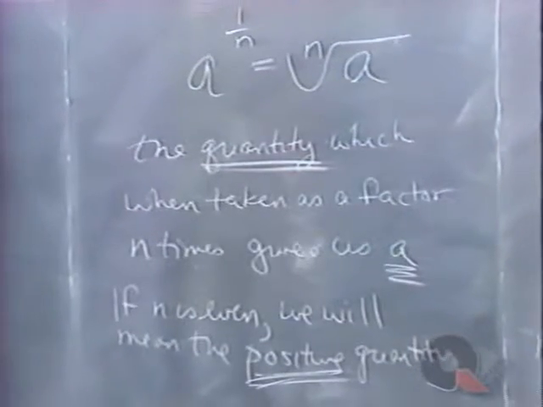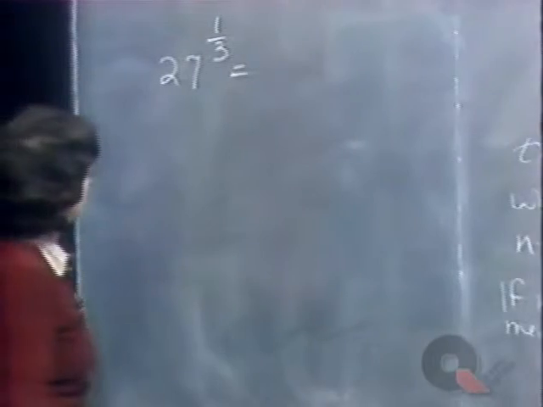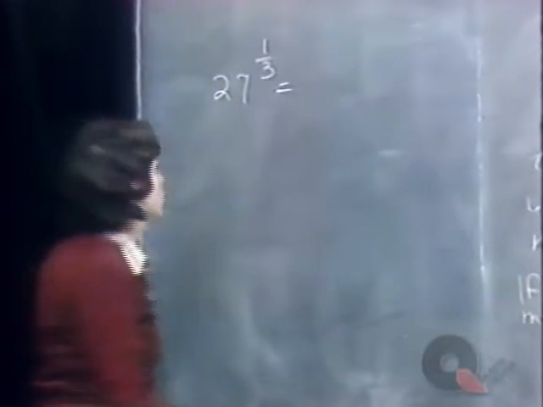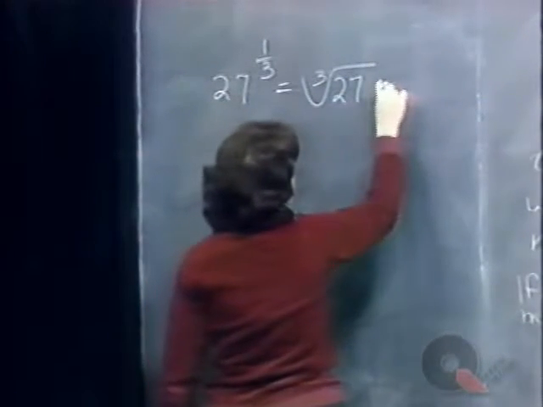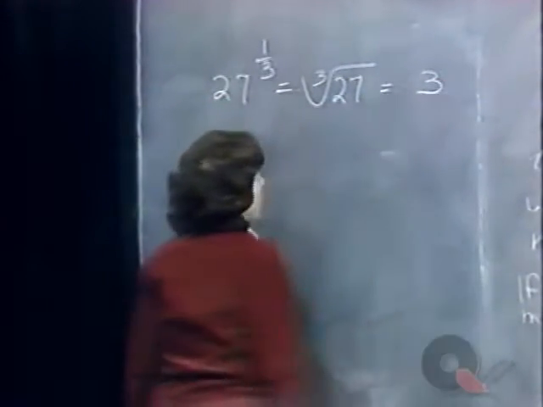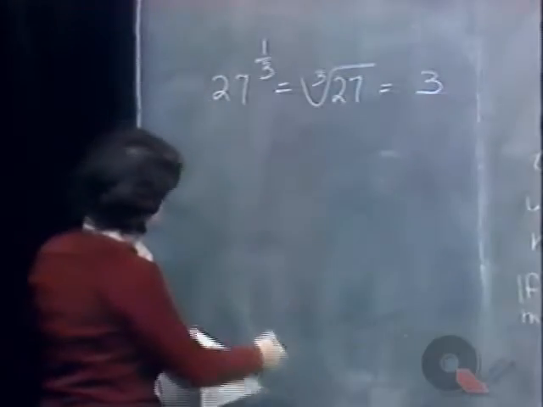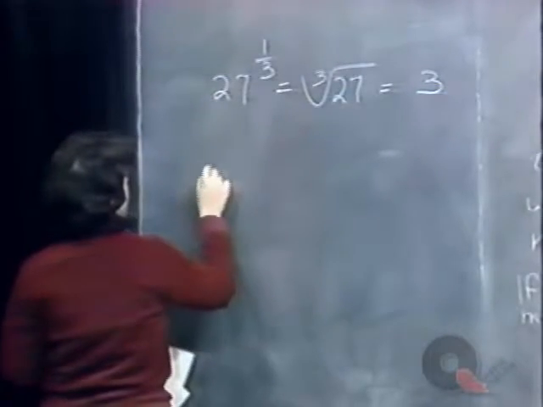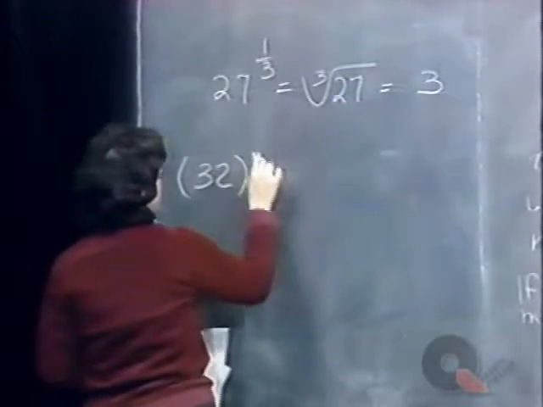Let's try some examples. 27 to the 1/3. This is a number which, when multiplied by itself 3 times, gives us 27. Also can be written as the cube root of 27. This is, of course, 3. Next, 32 to the 1/5.